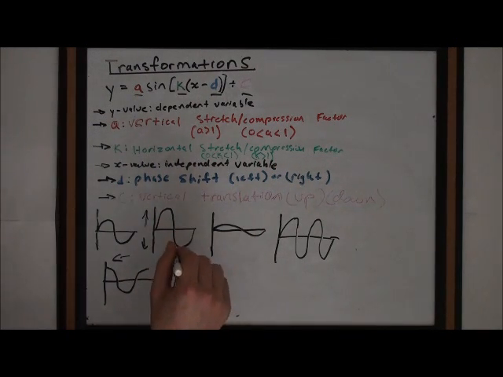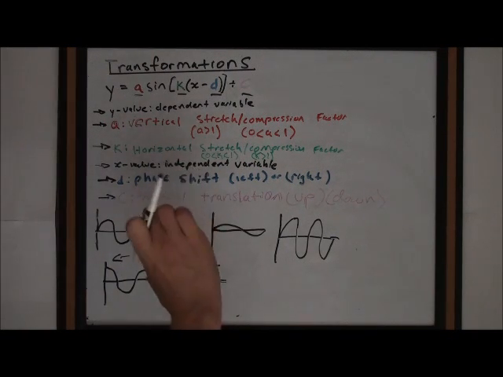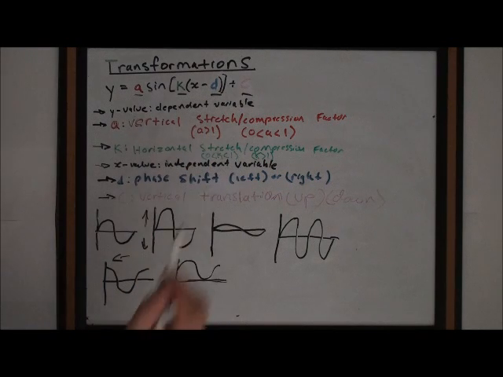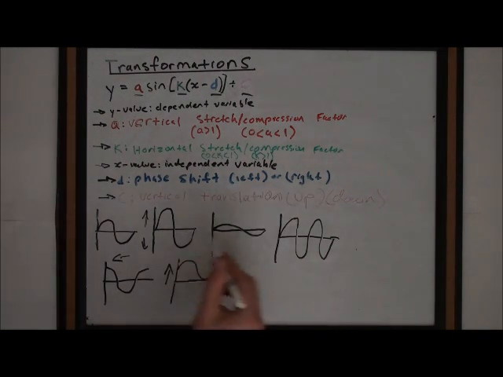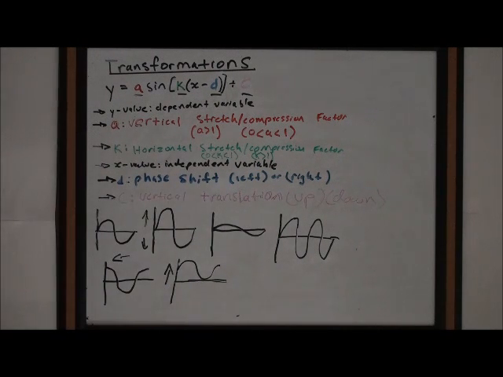that your maximum and minimum point have been stretched. So you could say that this is vertically stretched. Or you could say that it was horizontally compressed over here. So these look the same. However, your k value also affects your period.